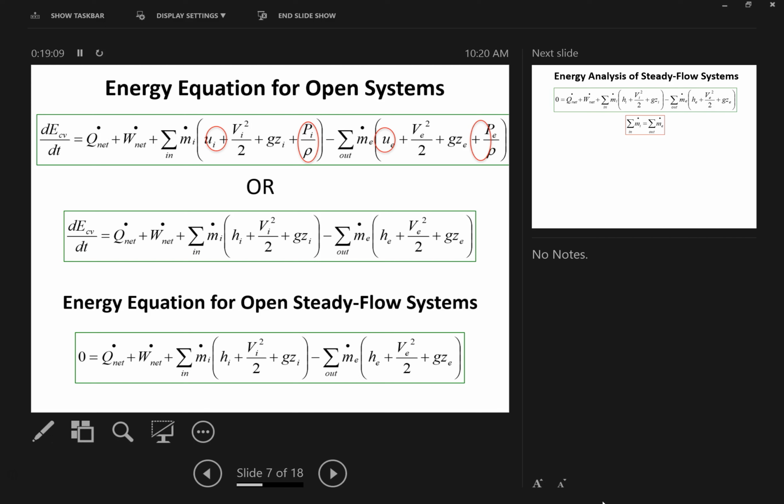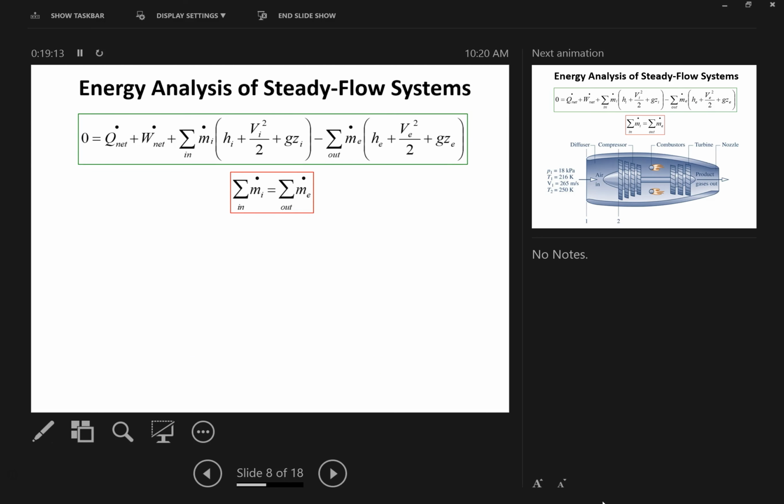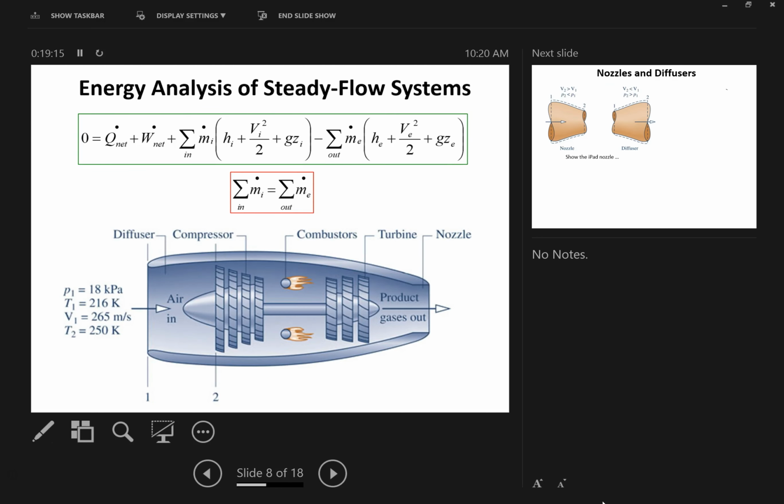Has everyone got that? So with this one and your mass flow, which you've already written, those are going to be your starting points in your homework. If you're ever stuck, you start with these two. Okay? And these two can be used to analyze all of this that's shown here.